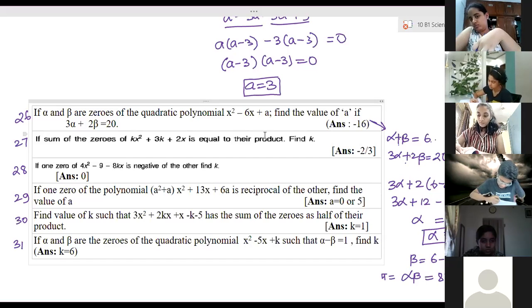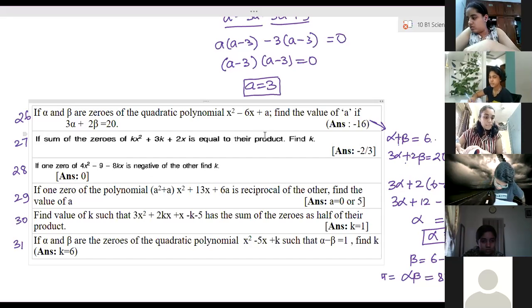27th question. Write the equation in proper order. Which variable is this equation in, K or X? It is X only.